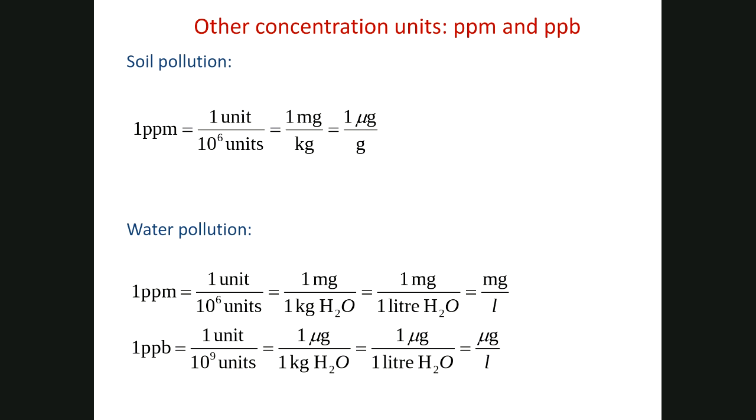So 1 ppm of sodium ion in your water sample is 1 milligram per liter. For ppbs, there are 1,000 million micrograms in 1 kilogram, and 1 kilogram of water is 1 liter of water. So ppbs are micrograms per liter.